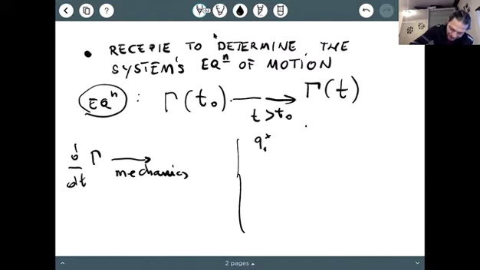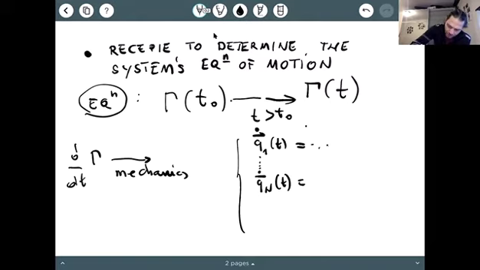q1x dot equal, then I have q1y and q1z. That's for particle 1. So rather than write three scalar equations, let me just say I have q vector dot of t equals whatever it is, for particle 1 through particle n.